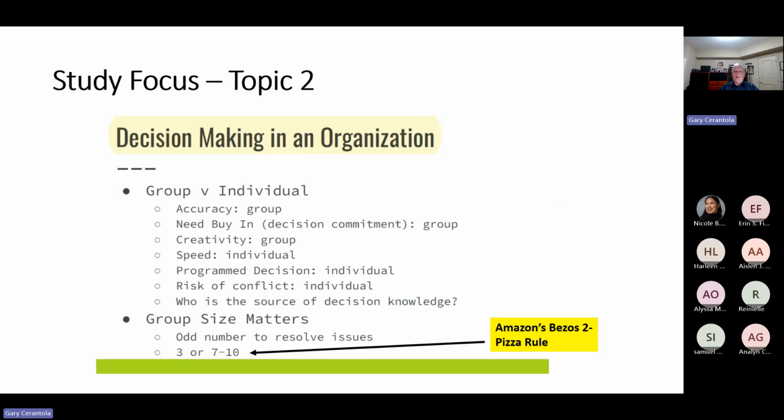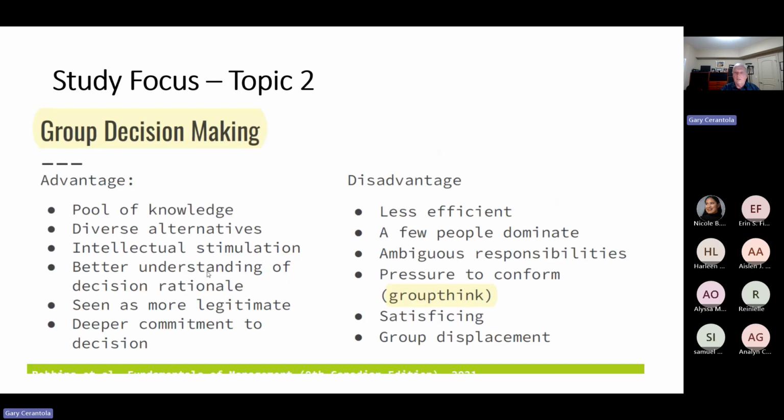What that meant is that if you bring a group together, it shouldn't be any larger than can eat just 2 pizzas, right? So what they're really focusing on is that size to have the optimum number of people to be able to make good decisions as quickly as possible, but as comprehensive as possible. So those are the trade-offs that you really need to worry about.